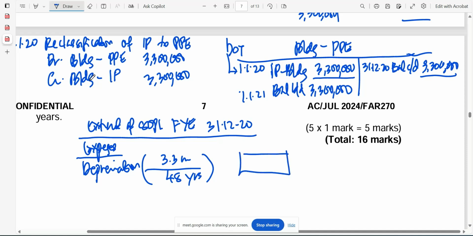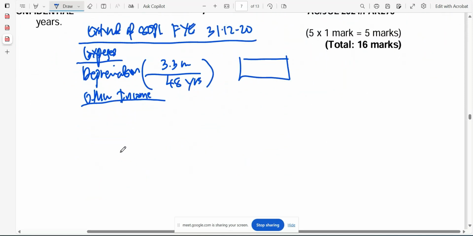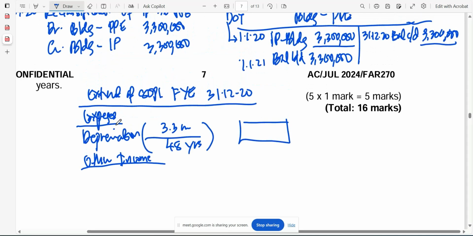Then the second one is the item other income. Your other income would be first the rental income, if you provide rental income. But in our case here, there is no more rental income because rental income is relevant before the date of transfer, meaning 2018, 2019.